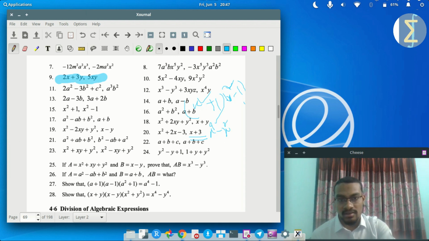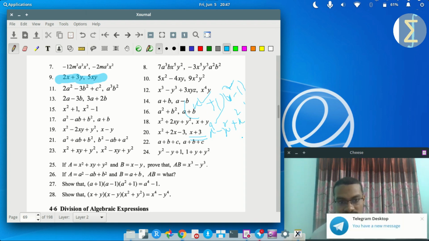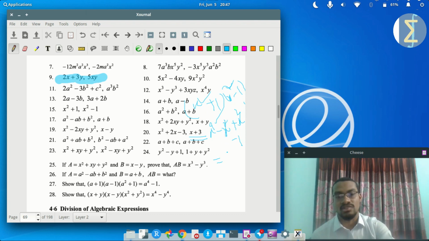Now this one, multiply with this x square, so we get x square, and then this one with this minus 1, so we get minus 1. Then this x square and this x square cancel out, and what we get is x to the power 4 minus 1. That's the answer. Let's discuss one last example of today.